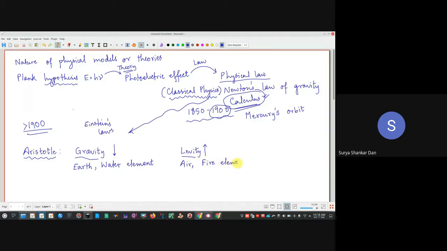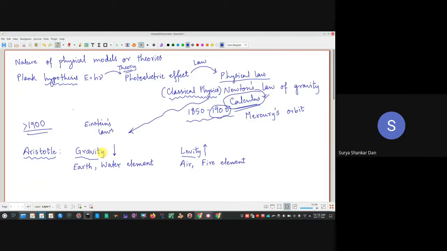This was so popular that if we look into our Sanskrit Vedic literature, you will find the same concept: earth, water, fire, and air. It is the property of fire and air elements to rise up, and of earth and water elements to sink or fall down.